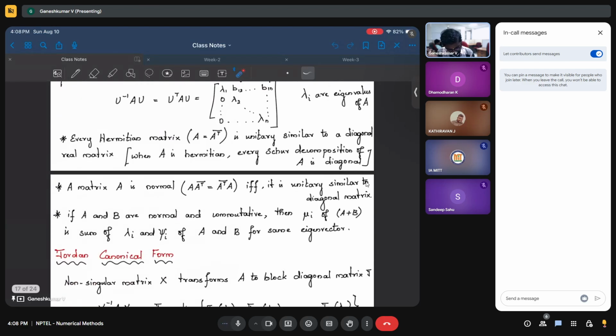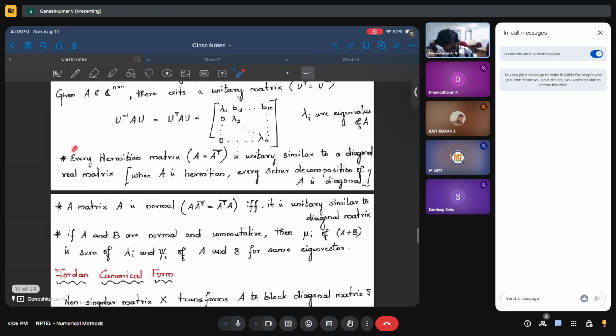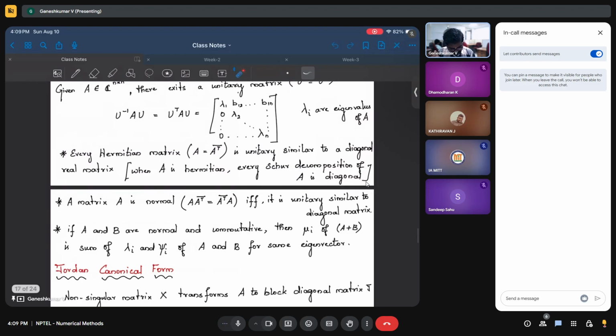And then there are a few additional things that we need to take note of in terms of similarity transformation. Basically every Hermitian matrix, which we write as A equal to A transpose conjugate, where A is a complex matrix. Till now we usually see only real matrices, but a matrix can be complex too, with complex numbers.